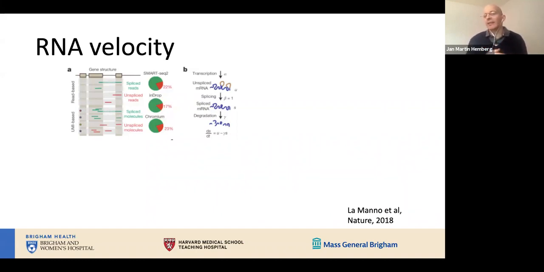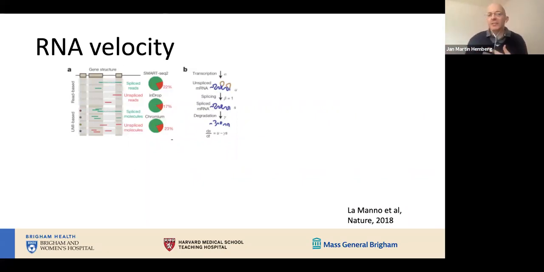The idea is based on a really clever observation that even though the assays we have look at polyadenylated RNA, you will still get some reads from pre-spliced RNAs. So you'll get some reads that correspond to introns and are hence unspliced.